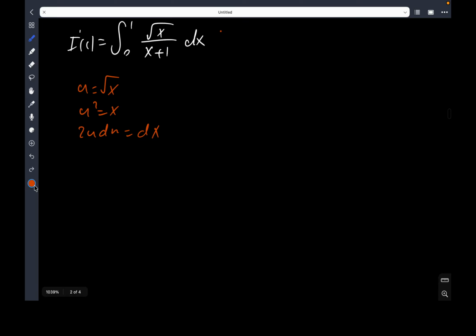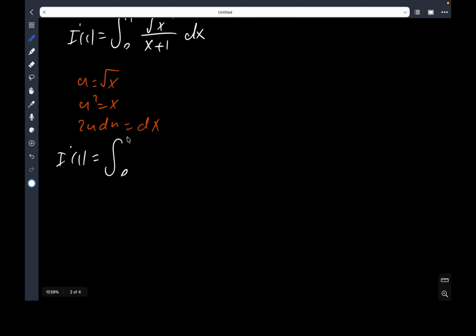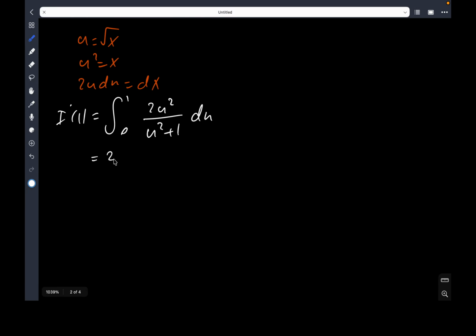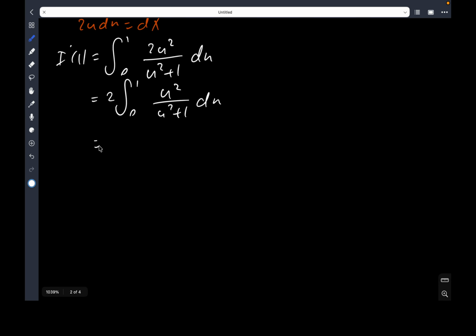And if I do this substitution, the integral from 0 to 1, I'm going to get 2u squared over u squared plus 1 du, which is going to be this thing here. Now how do we solve it?